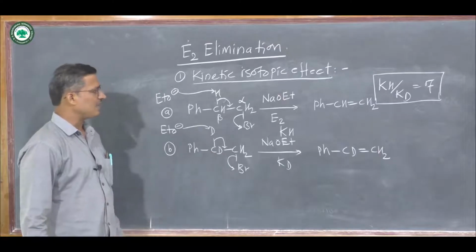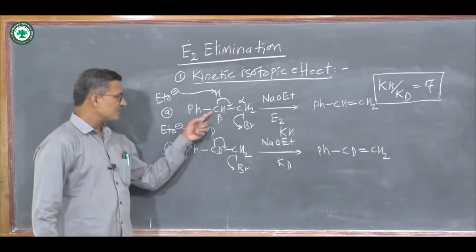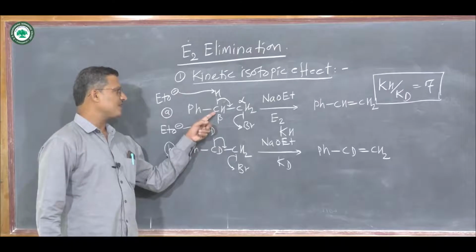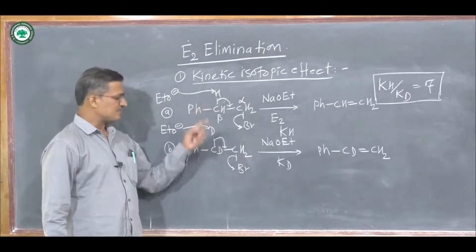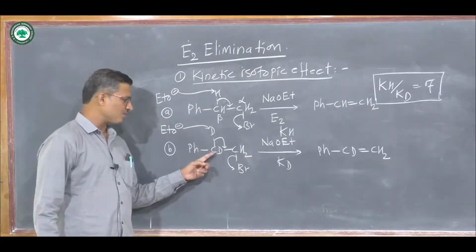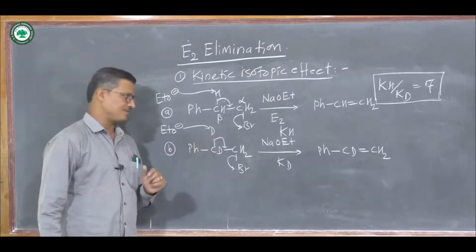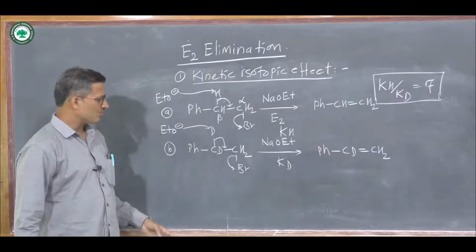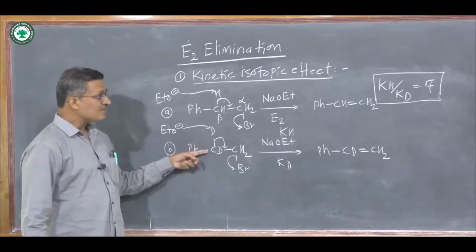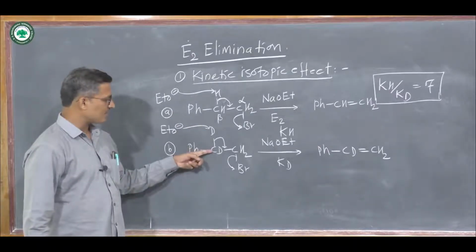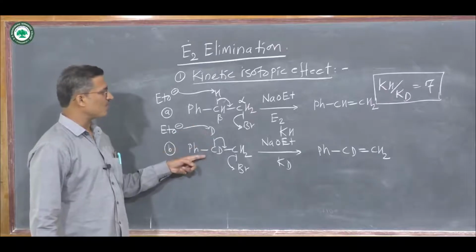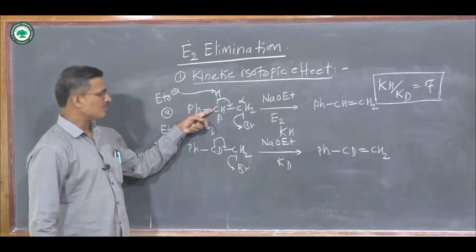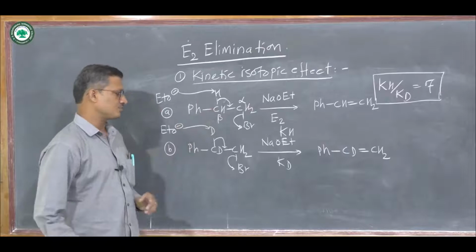That's why the rate of breaking of the beta carbon-hydrogen bond is 7 times faster than the rate of breaking the bond between carbon and deuterium. We remember deuterium is heavier than hydrogen, so the energy required to break the bond between carbon and deuterium is more as compared to breaking the bond between carbon and hydrogen.